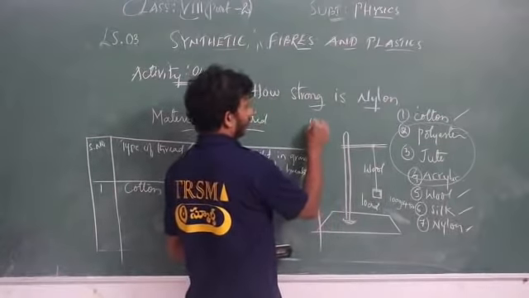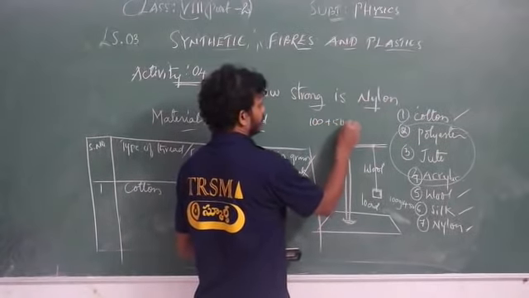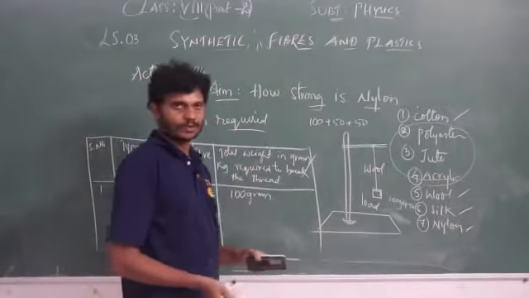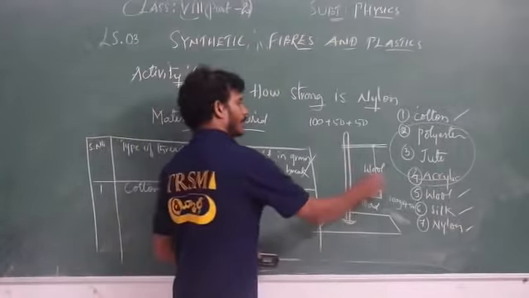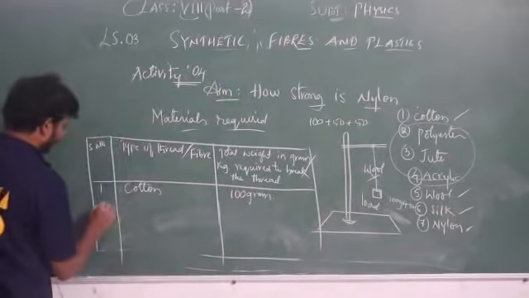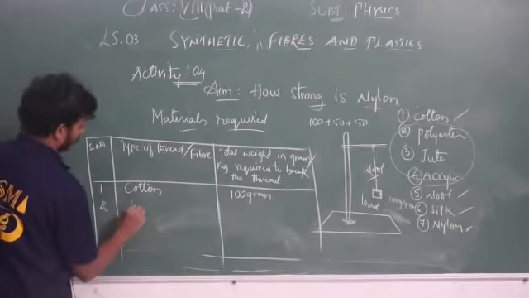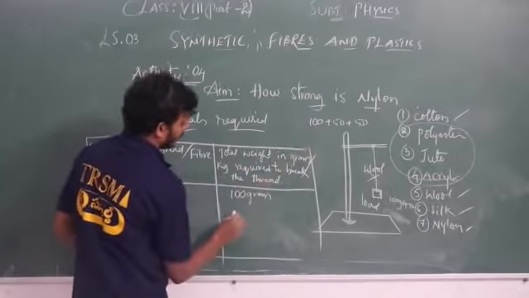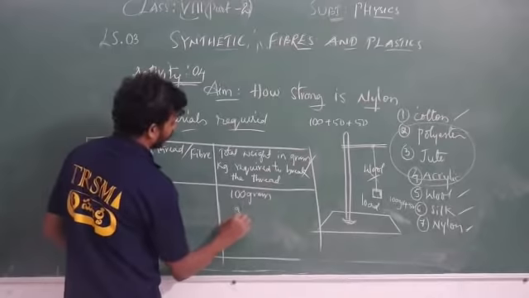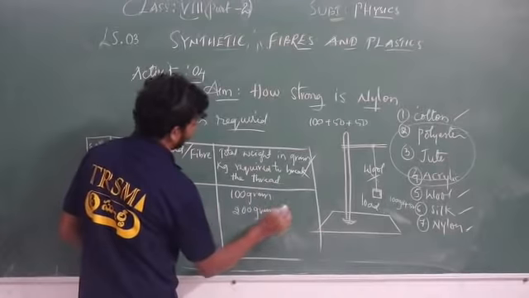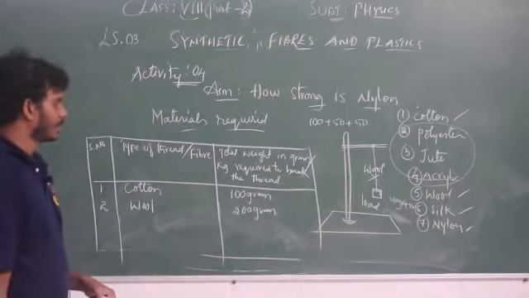That means 100 plus 50 plus 50. So now it has broken. I can write here second one, that is wool. So how much weight can it bear? It bears about 200 gram of weight.